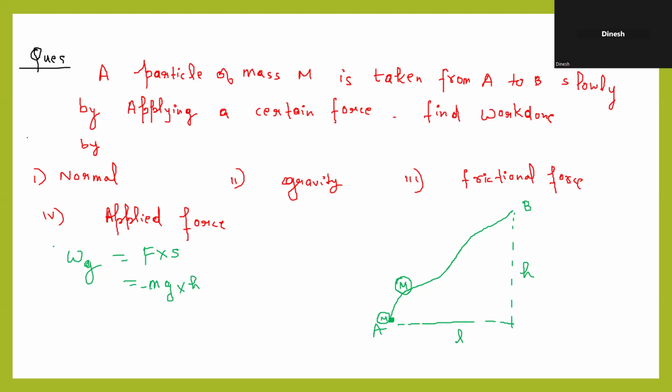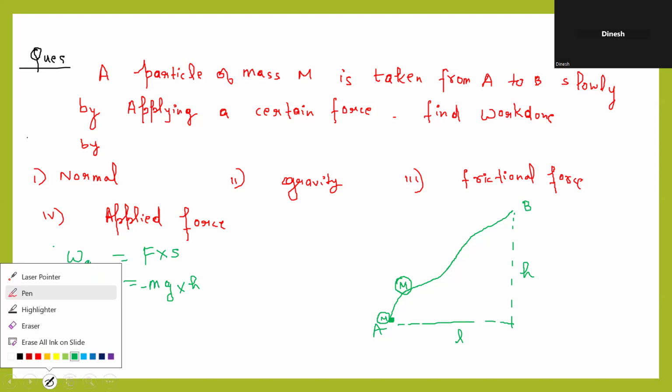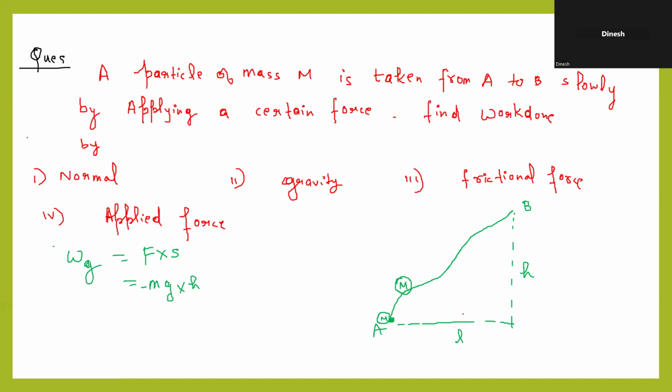Now the main question, sir: how to find the work done by friction. See, friction force and displacement are varying here. If you move this particle for a small displacement, like here to here, small displacement ds, if you take a small element, ds will be a straight line.